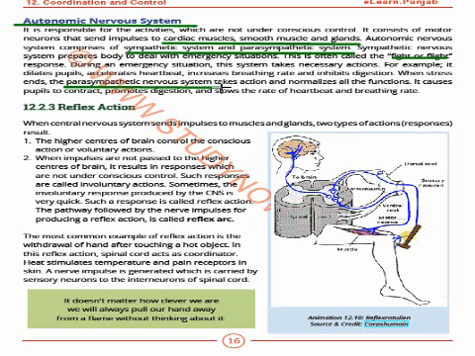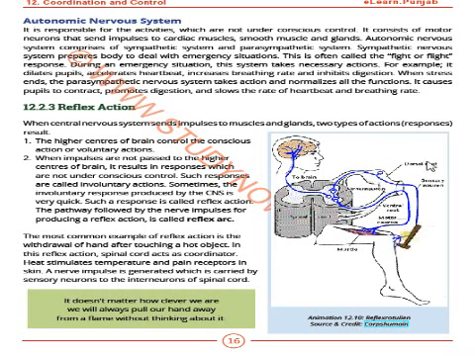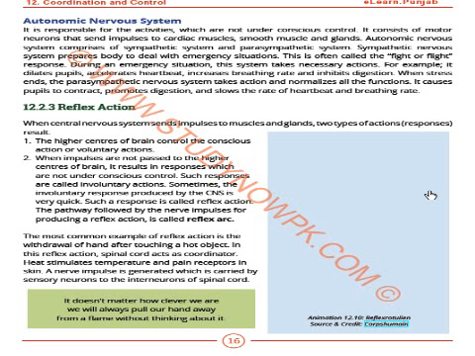Now the reflex action. Talking about the autonomic reflex action, when the central nervous system sends impulses to the muscles and the glands, there are two kinds of actions. The higher centers of the brain control the conscious actions or the voluntary actions.